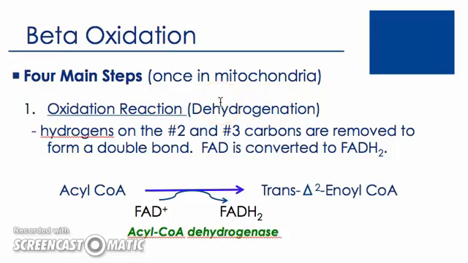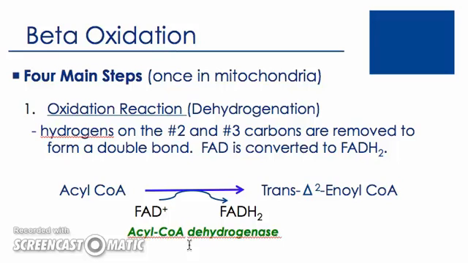In this reaction, a hydrogen attached to the carbon 2 and carbon 3 molecules are removed, forming a double bond. The fatty acyl CoA forms trans delta 2 enoyl CoA, and the enzyme catalyzing the process is acyl CoA dehydrogenase.